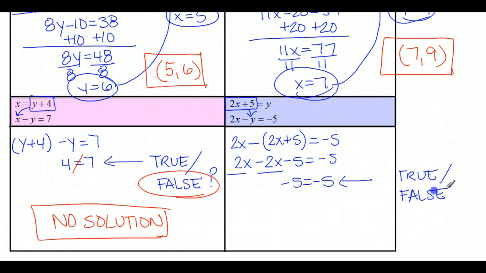That's what you should be asking yourself. And again, hopefully with this problem, you will see that it's true. And if it is true, we can say that there are an infinite number of solutions.